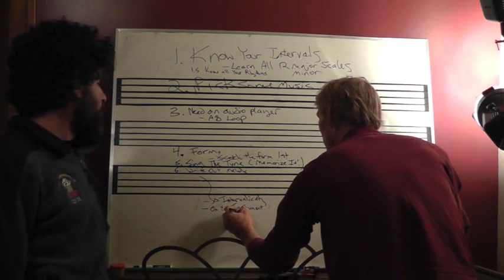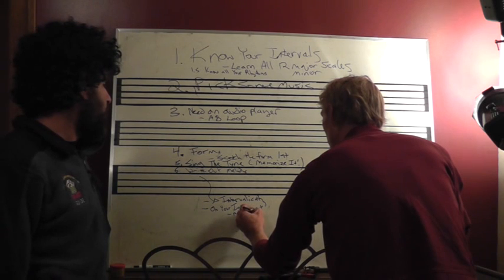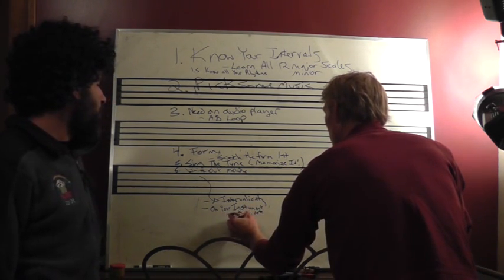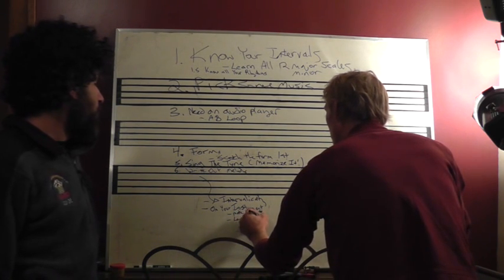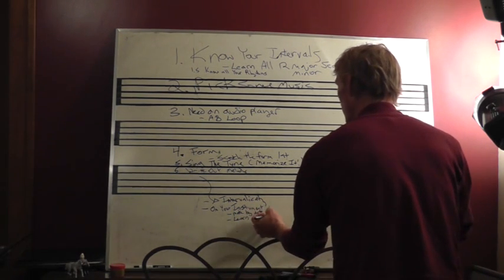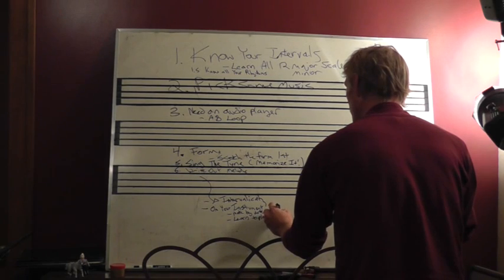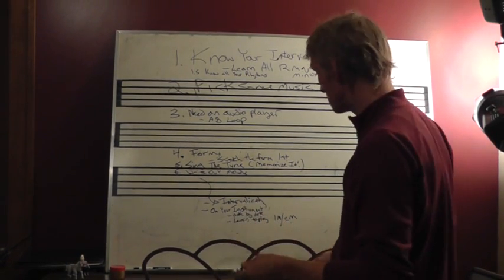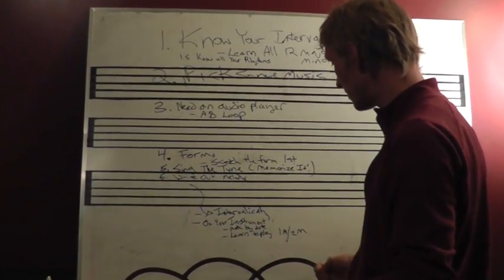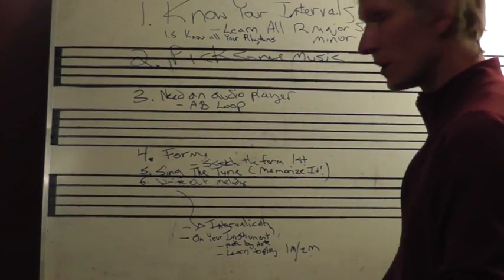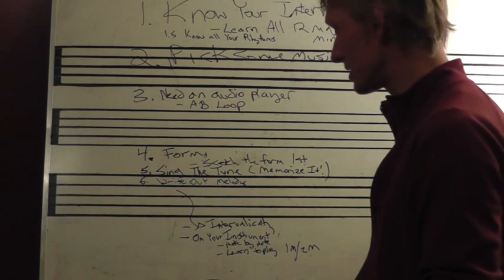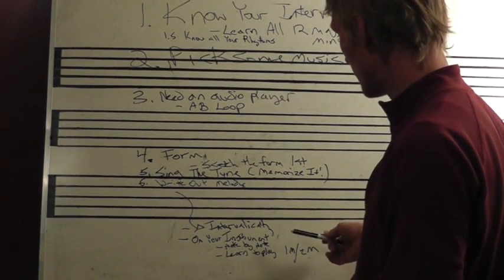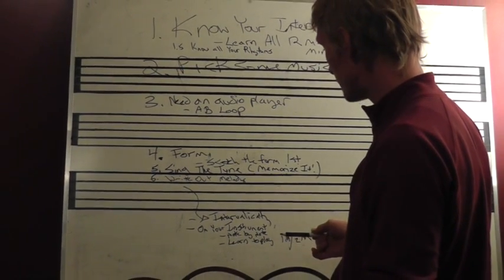You can do note by note, or learn to play 1 measure, 2 measures, 4 measures at a time if you're doing well. If not, just do it note by note. It all leads you to the same place. Get them down and write out the melody. All right, what else we got?